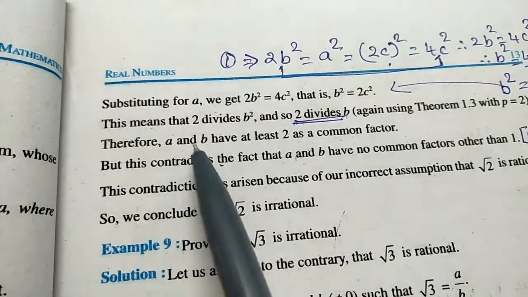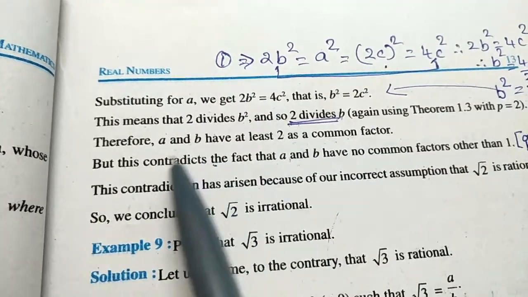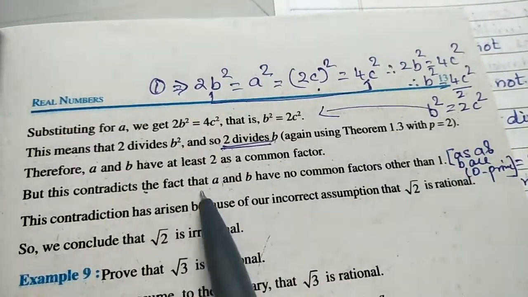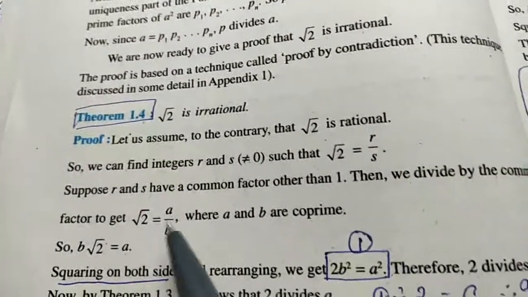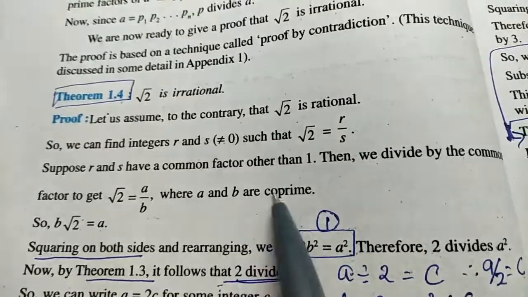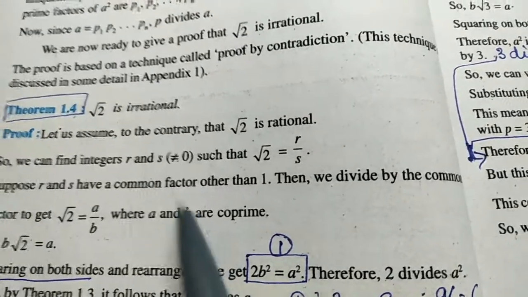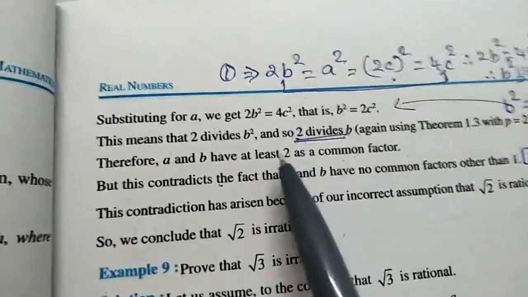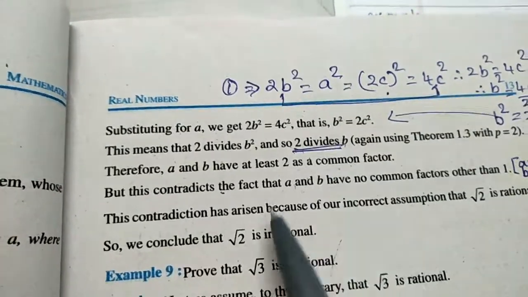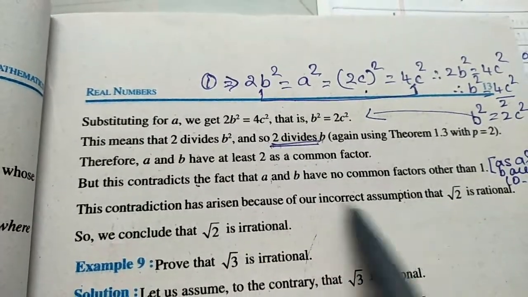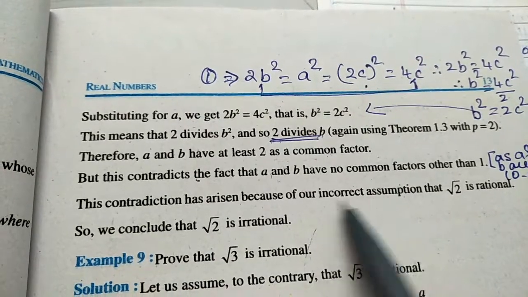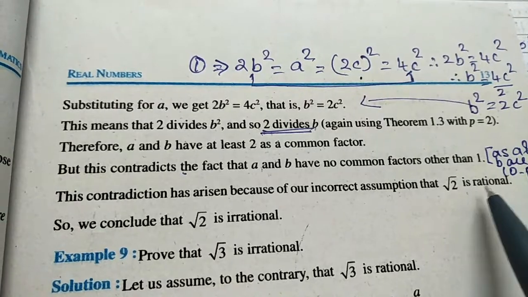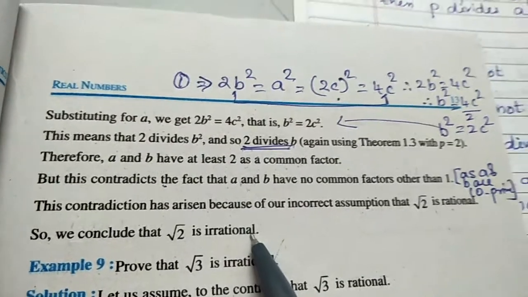But we have assumed here that they are co-primes. Co-primes means they will have no other common factor than 1, but here they have common factor 2. So that means our assumption is incorrect. That means that square root 2 is not rational, it is irrational.